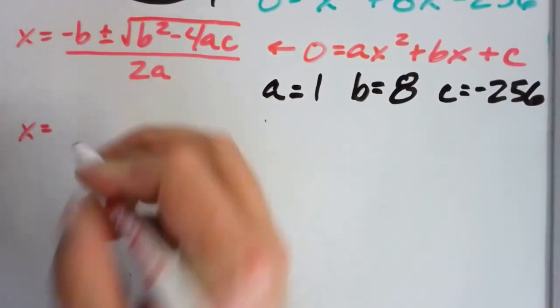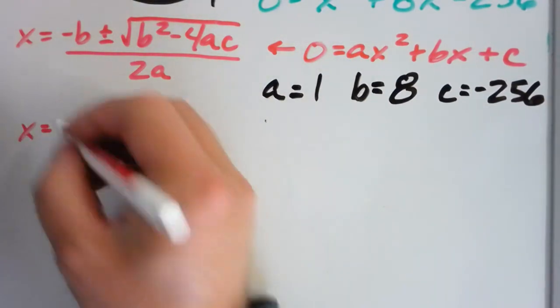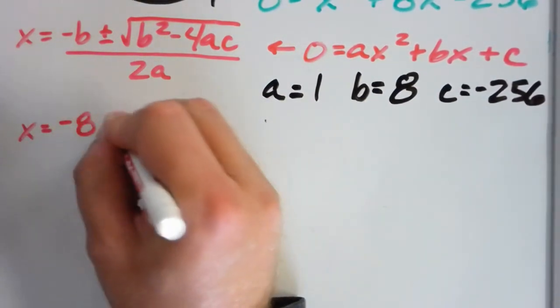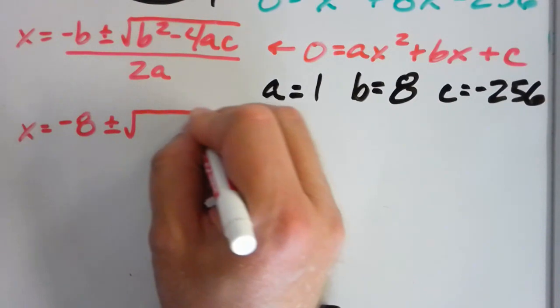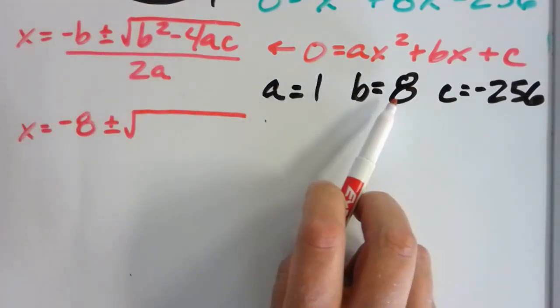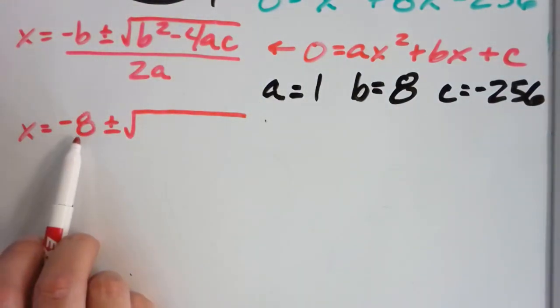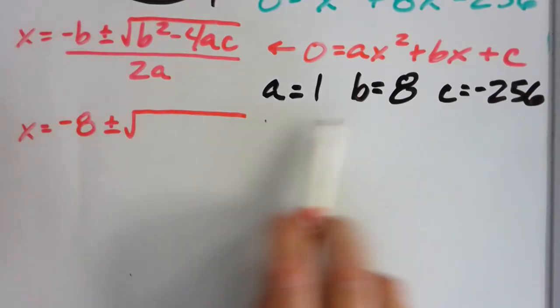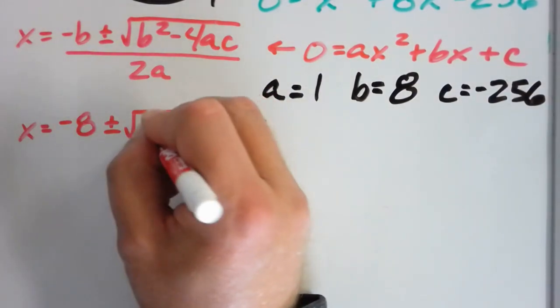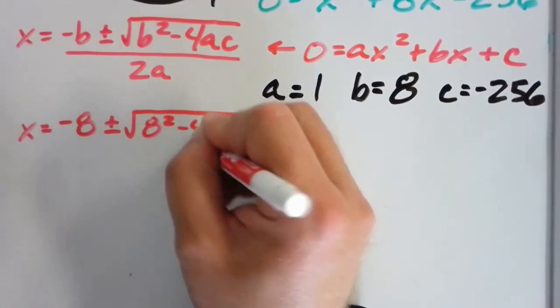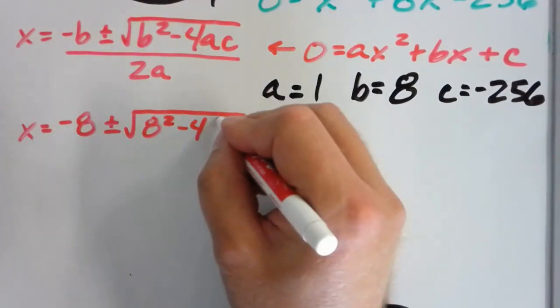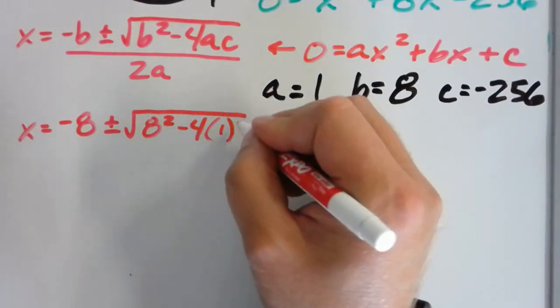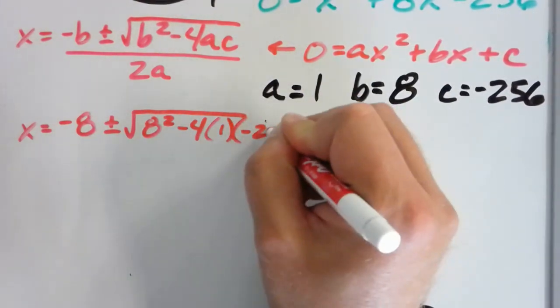So when I plug this stuff in, I get a negative b. That's a negative 8. Plus or minus the square root. And bear in mind that if b was a negative number, I'd have a negative of a negative number, and it would just turn positive, so it just flips the sign. All right, b squared, again, that's just going to be 8 squared, minus 4 times a times c. 4 times a is 1, and then c is negative 256.